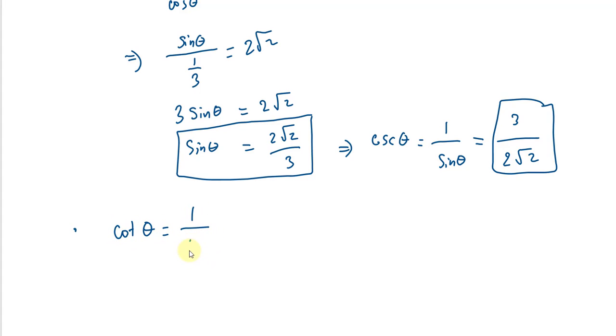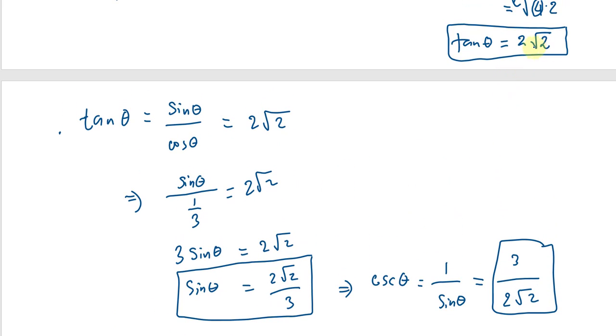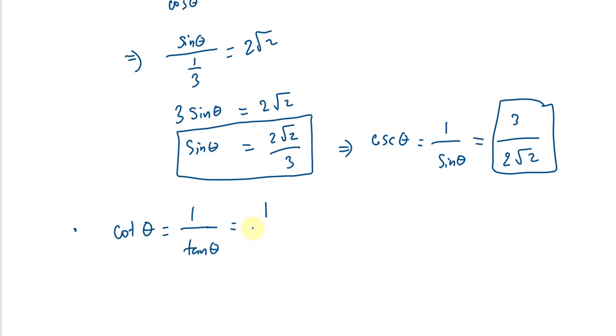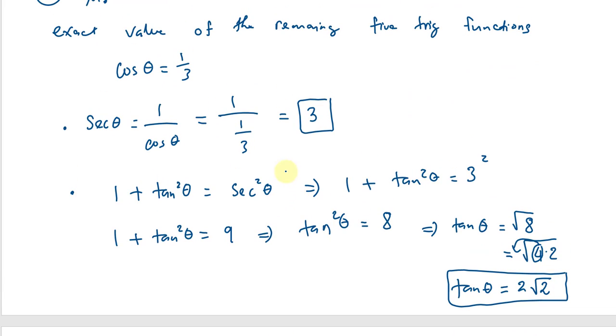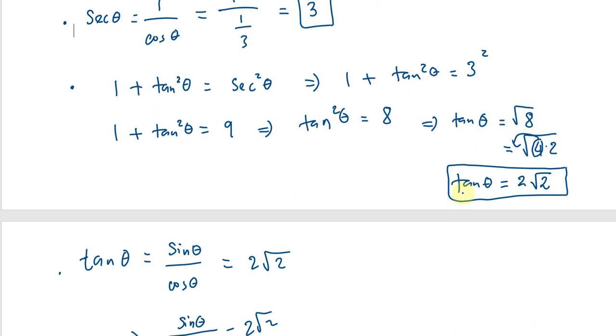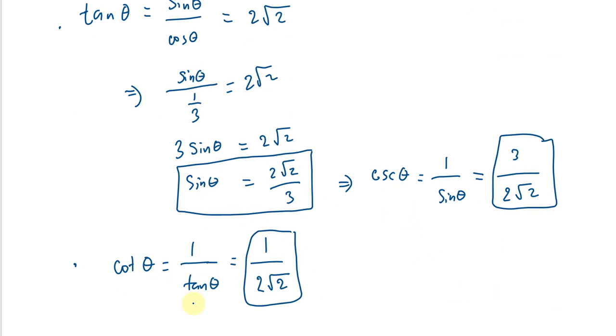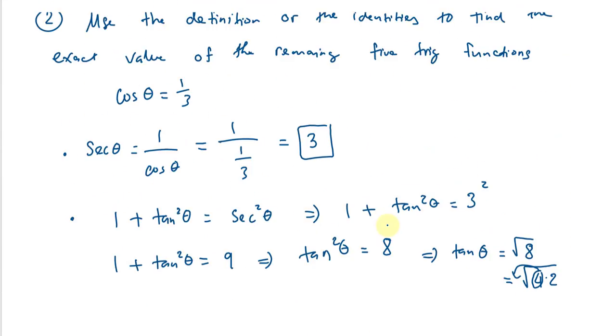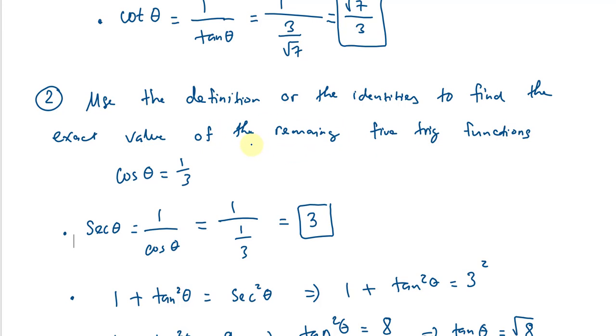Cotangent is easy. Cotangent is 1 over tangent. So we are flipping the value of tangent. So 2 radical 2, now we are flipping that. We put 1 over 2 radical 2. Okay, so that's all the functions we got from here: secant, tangent, sine, cosecant, cotangent. 1, 2, 3, 4, 5. Okay, so that is the exact value of the 5 remaining trig functions.